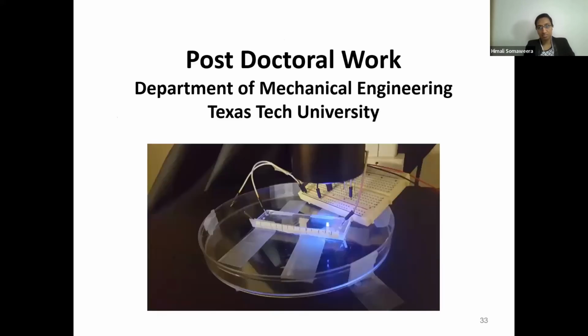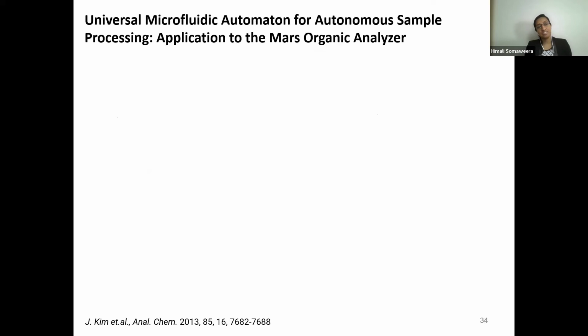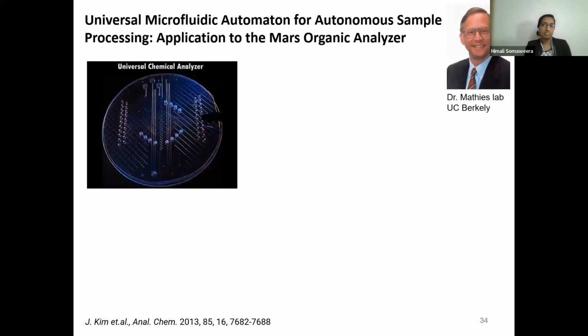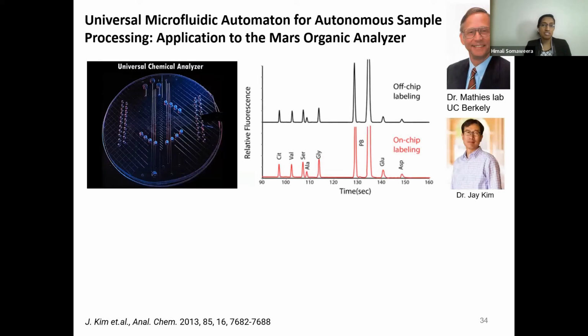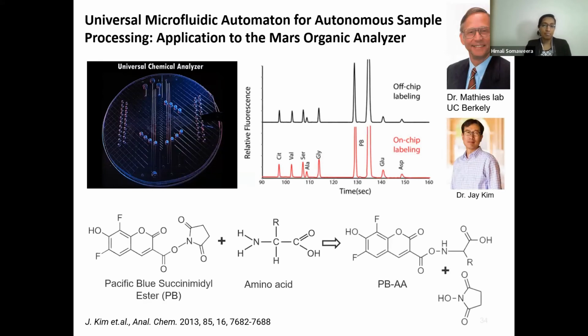And then I started my postdoctoral work at the Department of Mechanical Engineering, Texas Tech in 2016. And there I mostly did collaboration work with the researchers at UC Berkeley, and they were using this universal chemical analyzer to study the fluorescence dye called Pacific Blue Succinimidyl Ester, which can be attached to amino acids.